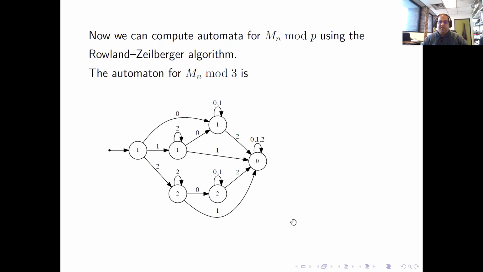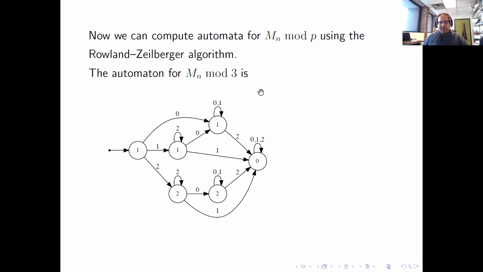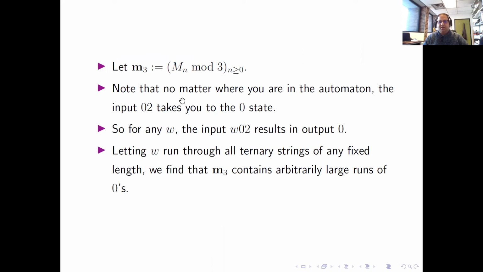If we take p equals 3, so mod 3, I get an automaton for the Motzkin numbers modulo 3. Now, if I look at this automaton, one thing you can observe is that no matter where you are in the automaton, reading 0 followed by 2 always takes you to the 0 state.